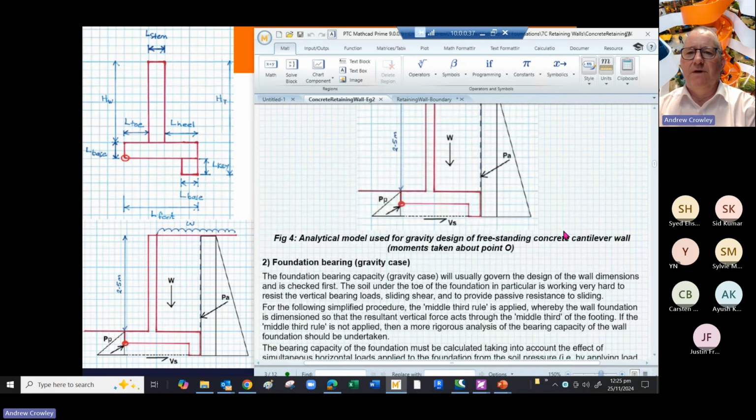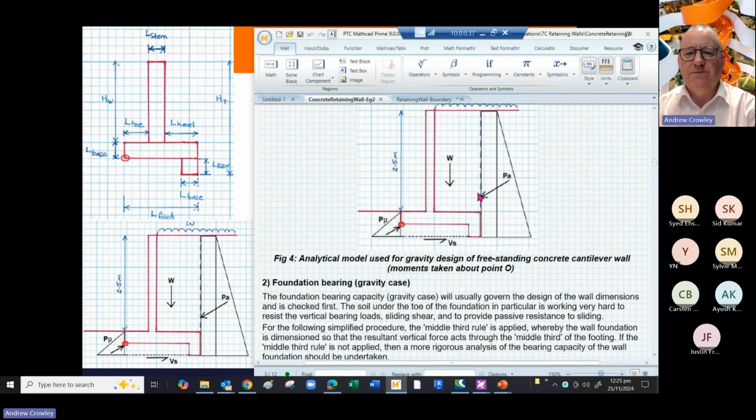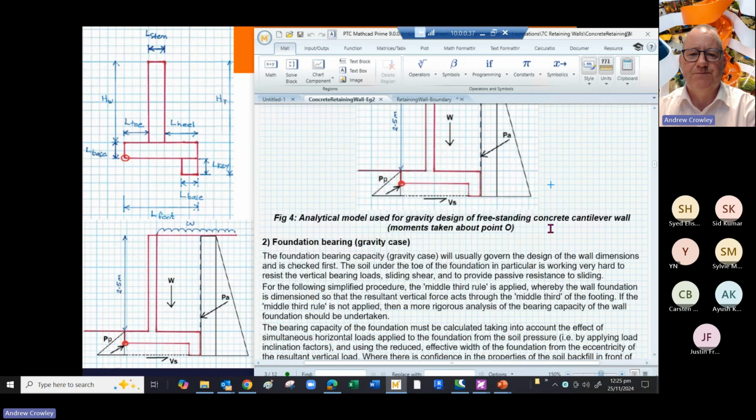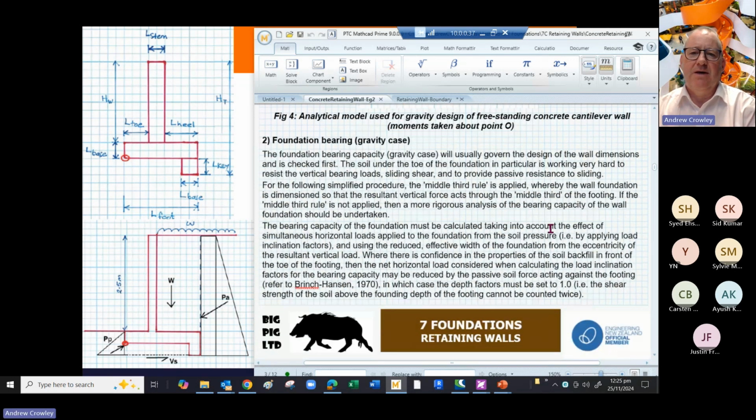So that's the model we're using to work out what the loading is on our cantilever retaining wall. And we'll keep this to the side so it's a reminder of what's going on.